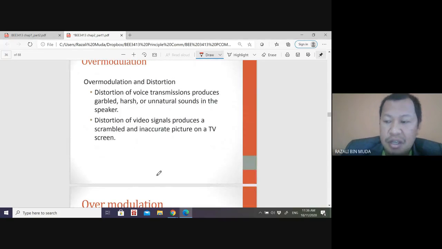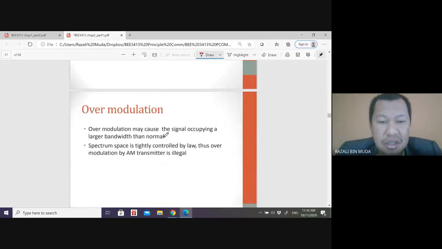Over modulation and distortion of voice transmission produce garbled, harsh, unnatural sound in the speaker. Garble is a sound like that, right? So if over modulation, there will be noise or garble, harsh sound. Distortion of video produces a scrambled or inaccurate picture on the screen.